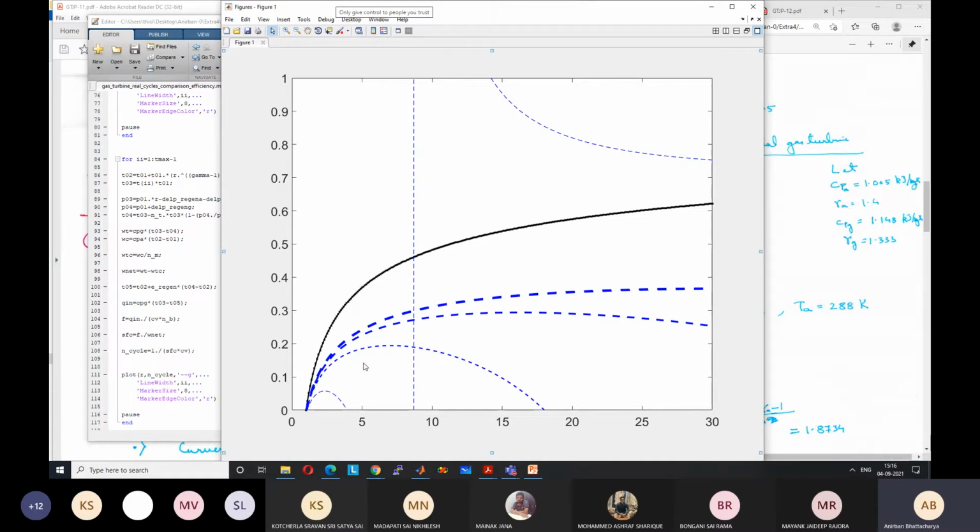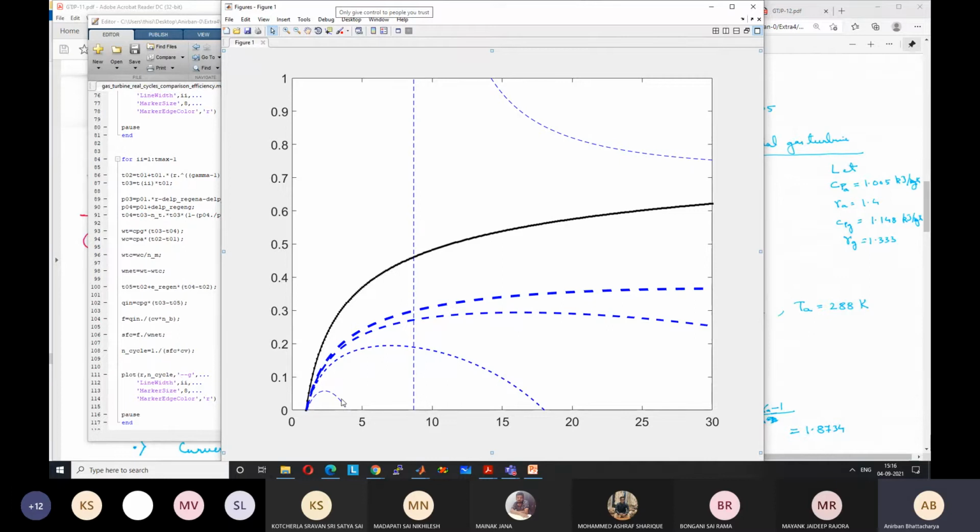So why does this occur? What happens at higher compression ratio for a real cycle? The compressor is not 100% efficient, right? So for higher compression ratio, the work input to the compressor will increase. And if the compressor is not 100% efficient, the losses will also increase.